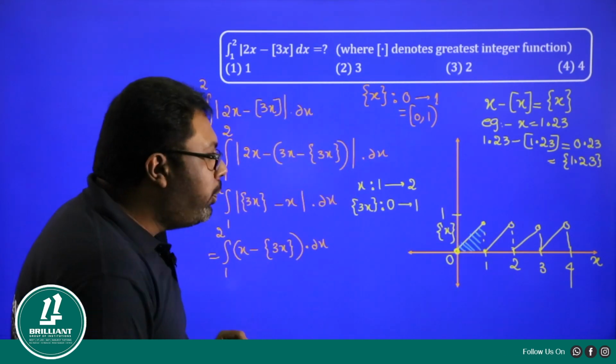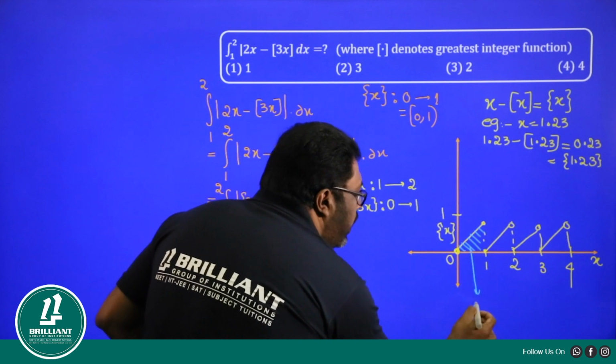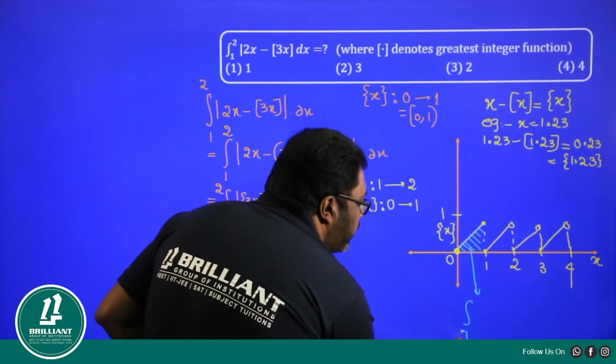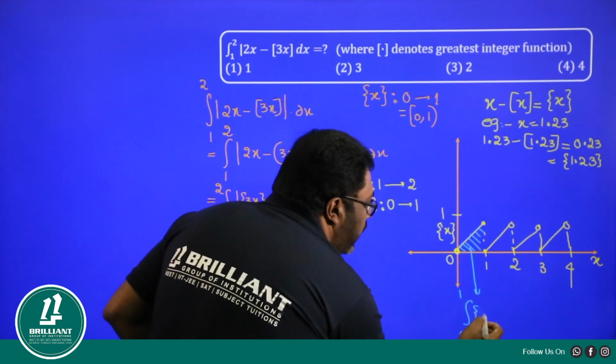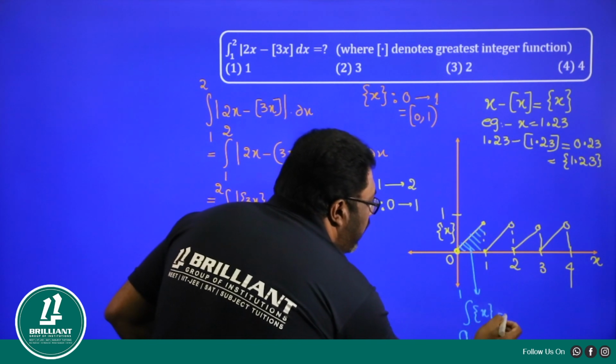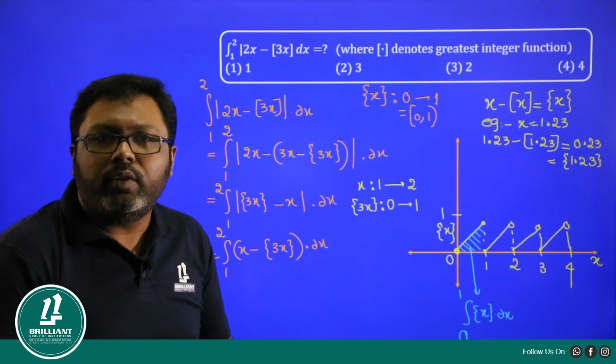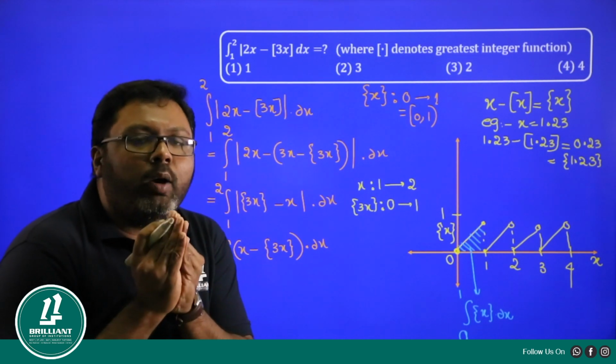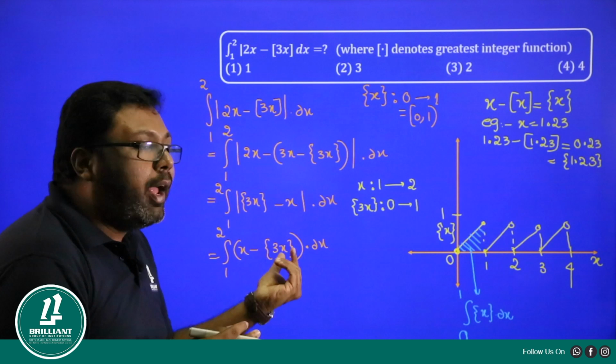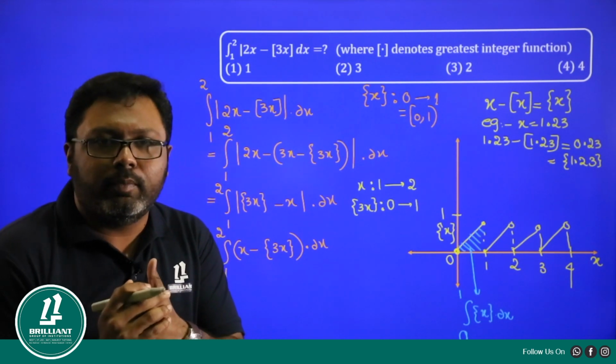Okay, the definite integral of a fractional part from 0 to 1 is the area of that triangle. Okay, so now I should be more concerned about what is the fractional part of 3x.